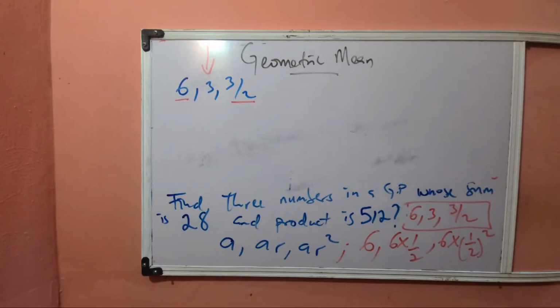If you want to find the geometric mean between two values, what you have to do is find the square root of, so let me just write it this way.